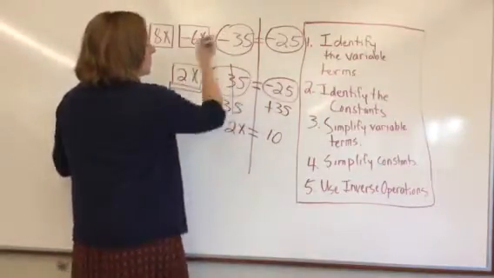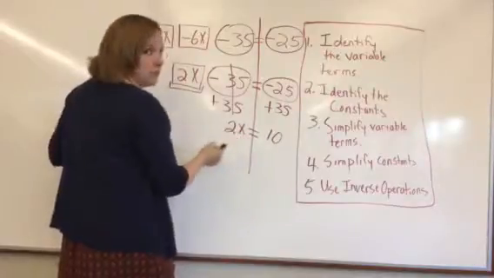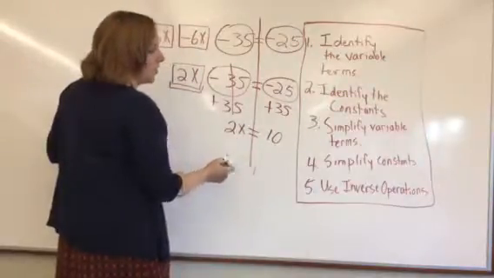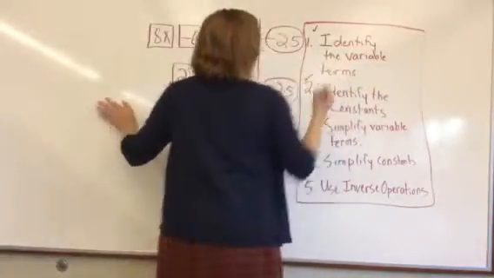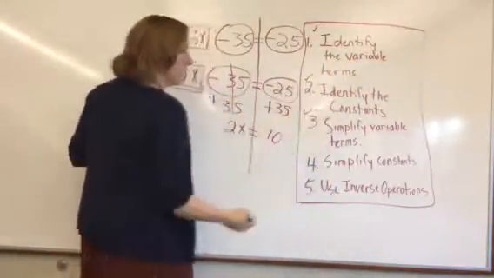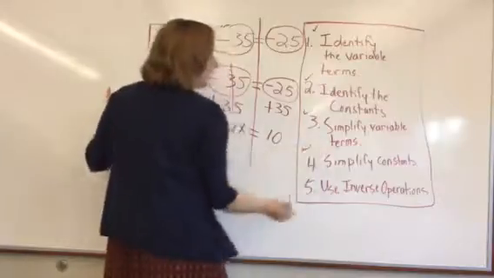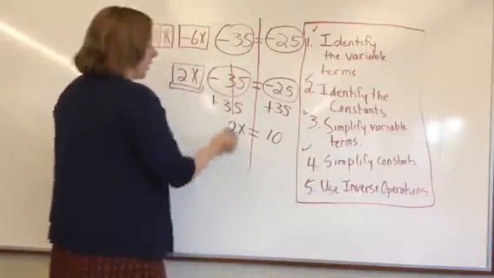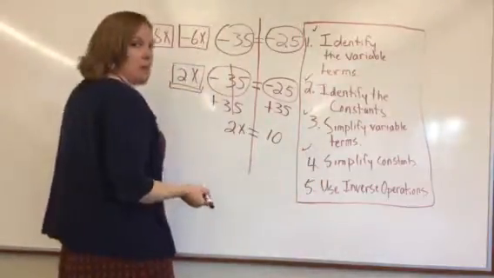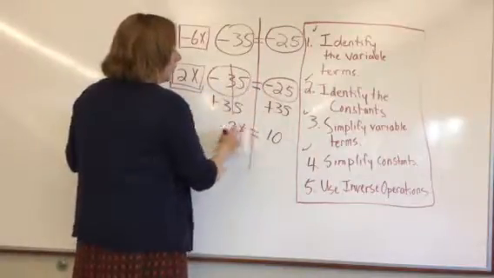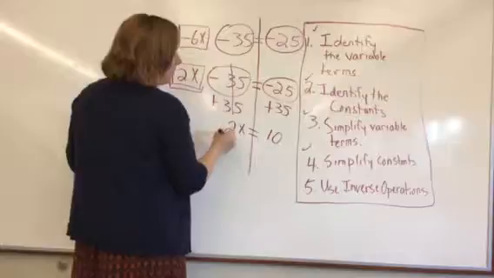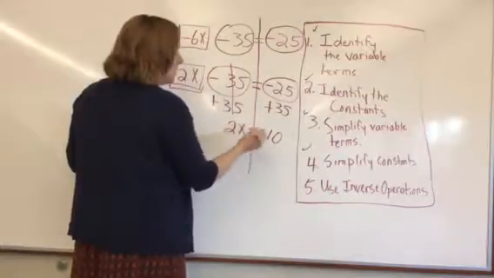All of this was just simplifying to get it down to a single step equation. We have identified our variable terms, identified our constants, simplified our variable terms, and simplified our constants. Now we're working on the final inverse operation step: 2 times x equals 10.